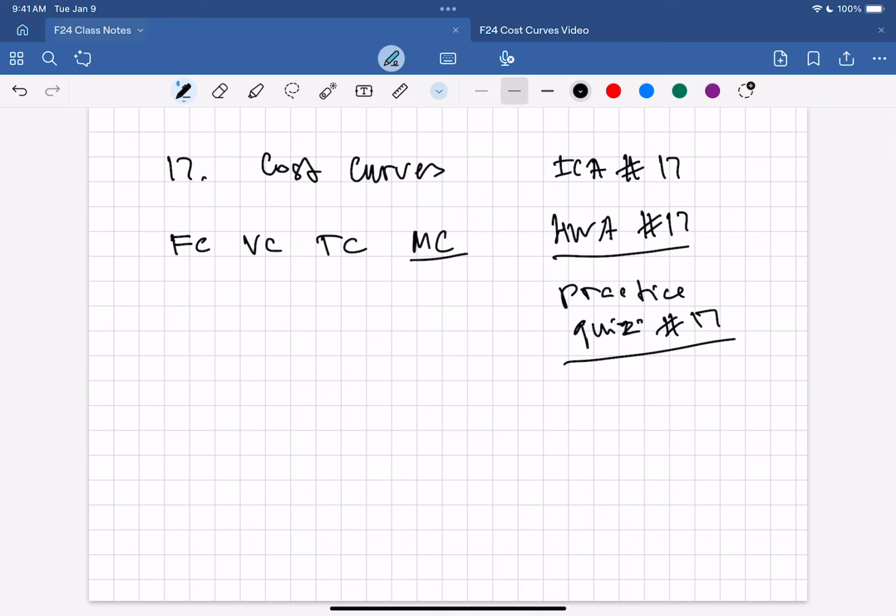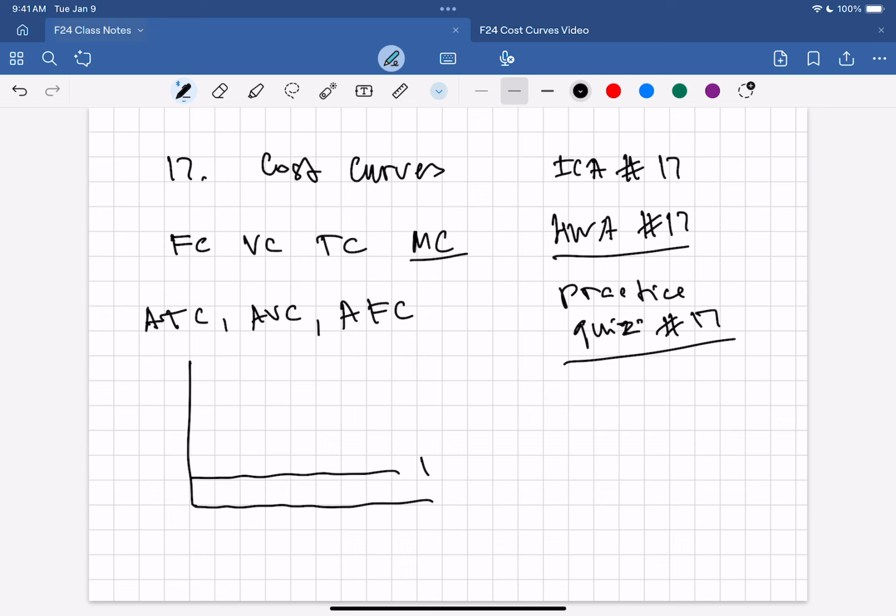And you need to know formula for each of them, and then you also should be able to calculate average total cost, average variable cost, and average fixed cost. Okay, and you should remember how those curves work, right? I'll give you a very quick review of what they were. So this is of course fixed cost. That was variable cost curve, right?